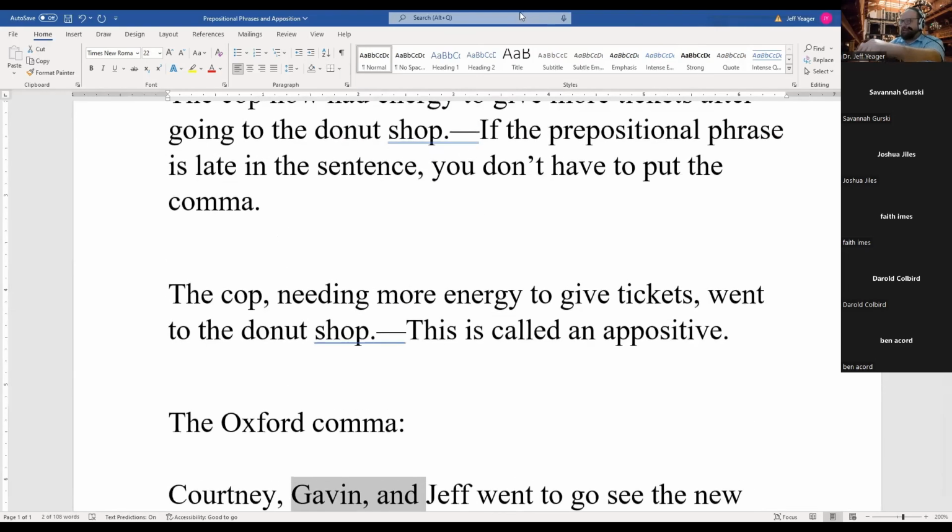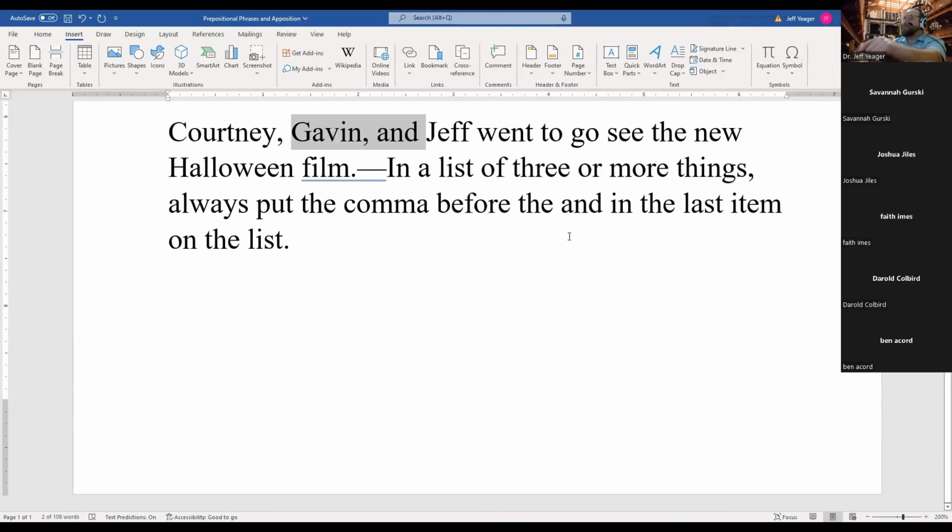It can create grammatical chaos if you don't. There are some people who argue that you don't need it, that it's overkill. Those people are wrong. I'll just use logical fallacies here and say those people are morons. You need to have that Oxford comma there.